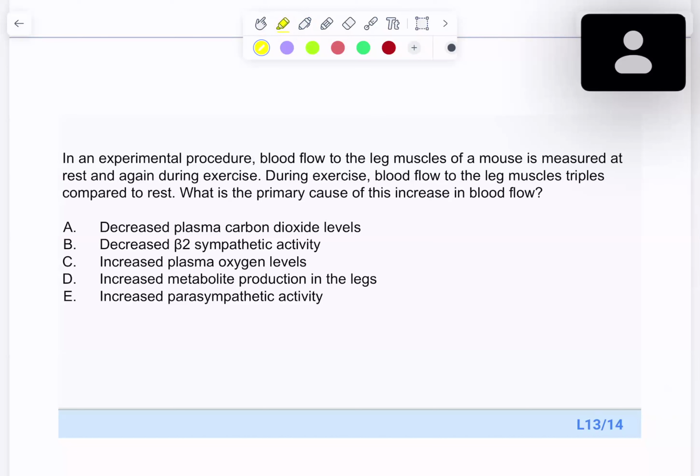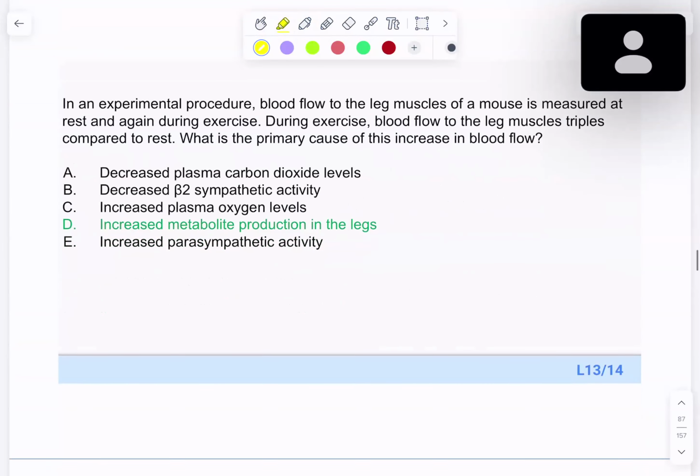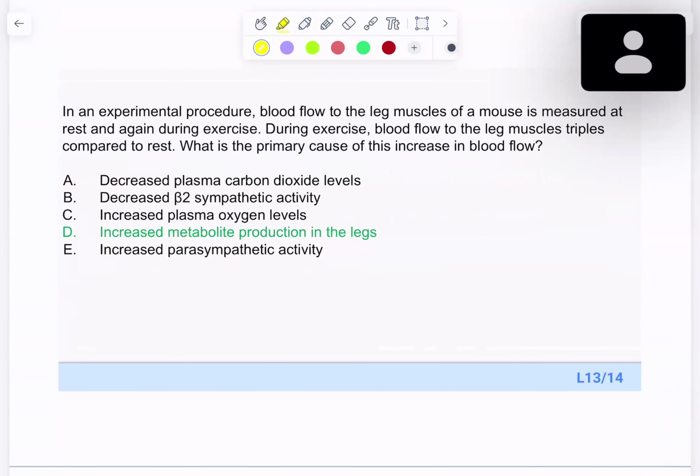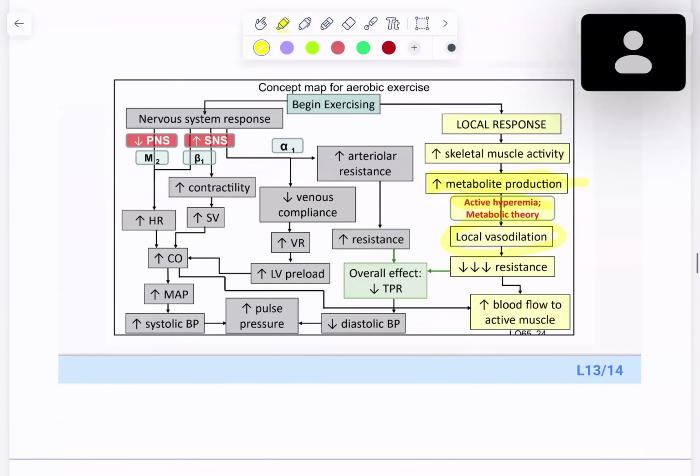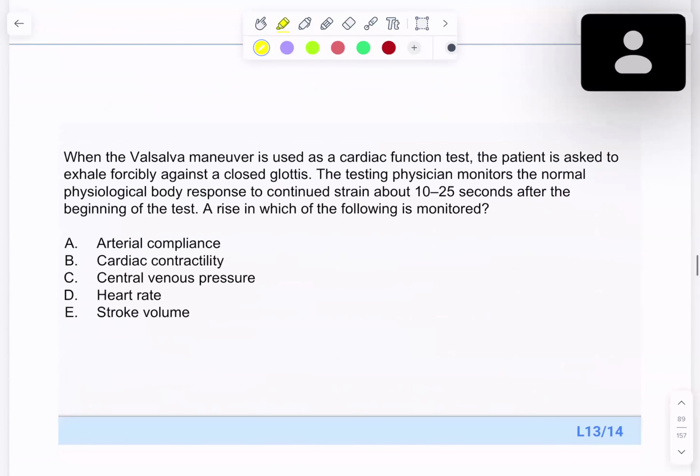Yes, in exercise, TPR will decrease in total. Correct. So the answer is D. When you exercise, how does blood flow increase to your muscles? They increase because your muscles are working harder and producing metabolites, right? And we call this active hyperemia, and that causes the vasodilation. So your answers are all correct, mashallah.